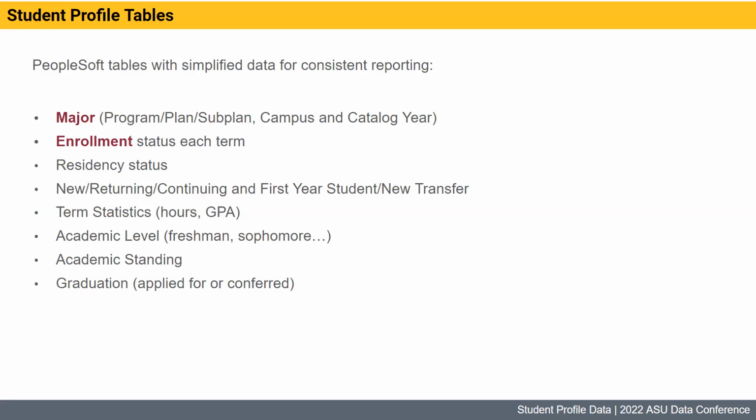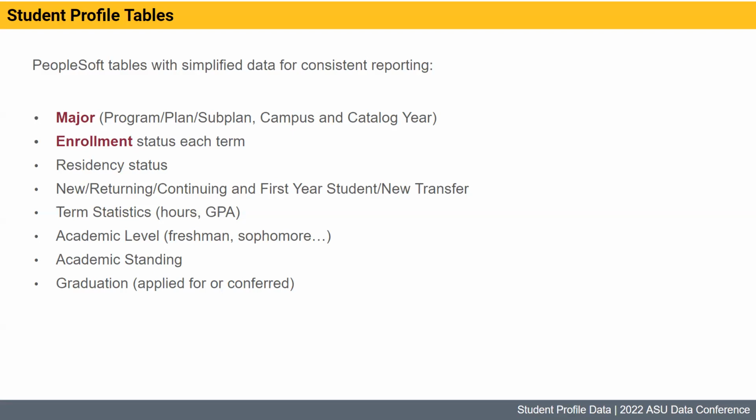To make it easier and to ensure we could do consistent reporting so that a person in one department could get the same answer as a person in another department, we created the student profile tables. We decided to put the major information in it, their enrollment status, residency status, all of these things up here. These are things that we use most often on enrollment reports.